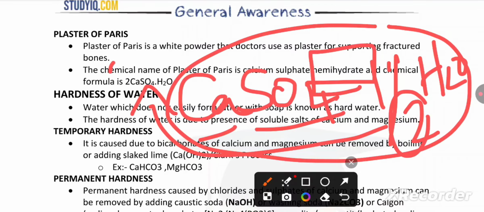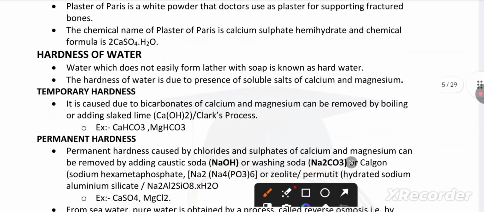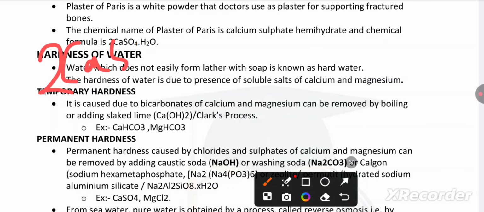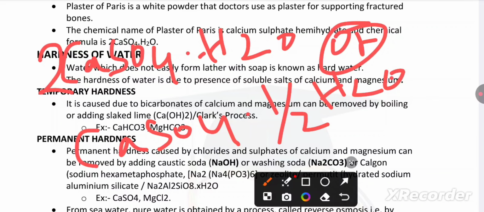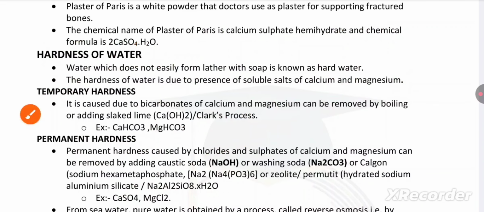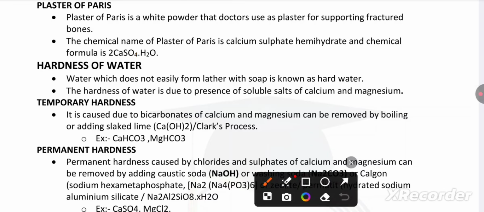We can use these two formulas as well: 2 calcium sulfate into H2O, or calcium sulfate into half H2O, hemihydrate. Both are the same. We can remember it as: the chemical name of plaster is calcium sulfate hemihydrate.